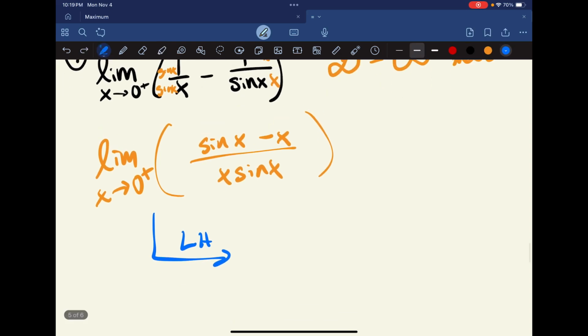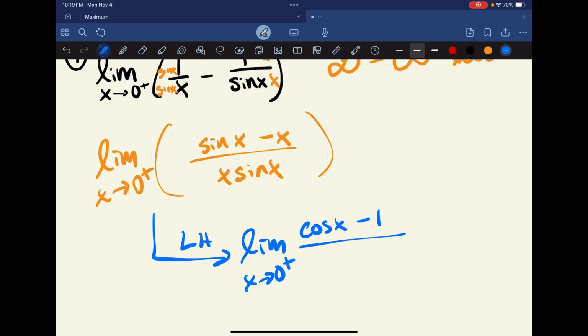So after we take that derivative of the numerator and derivative of the denominator, that's the only time that anything's going to change. So the derivative of our numerator, right, is, so still limit as x approaches 0 from the right. Derivative of sine x is cosine x, and the derivative of negative x is just negative 1.